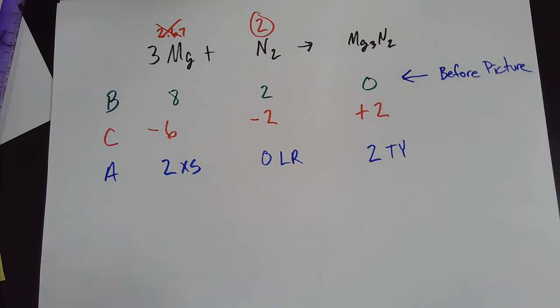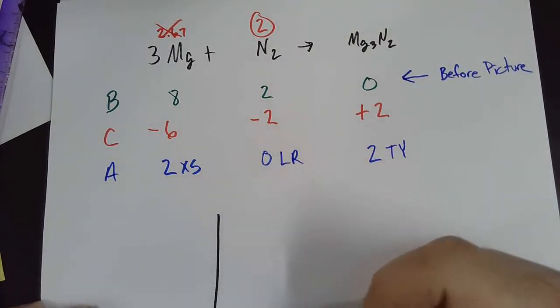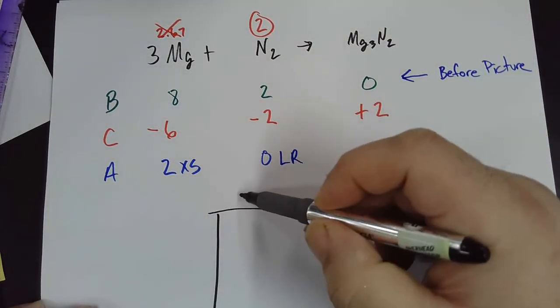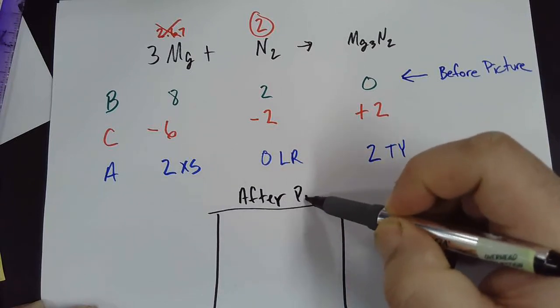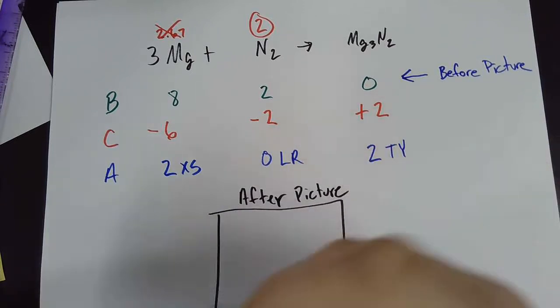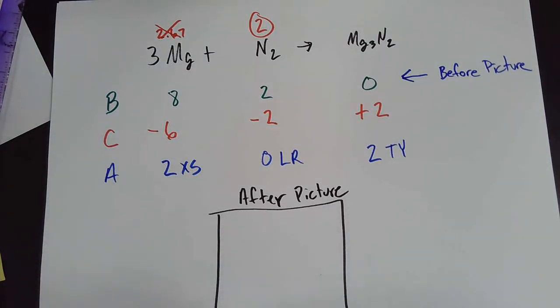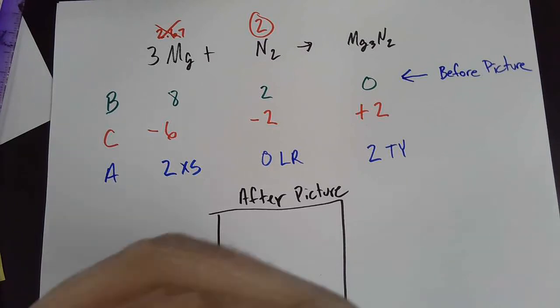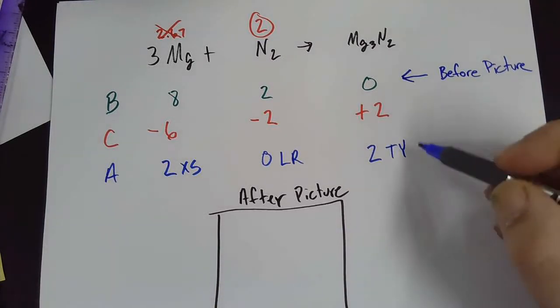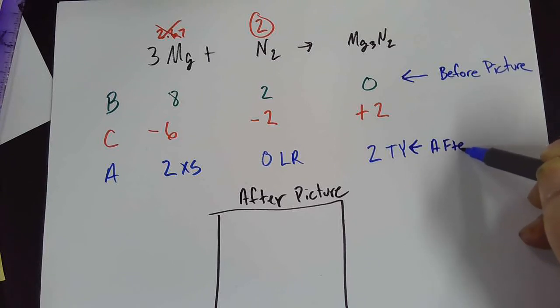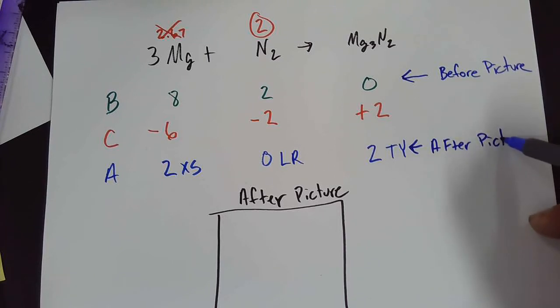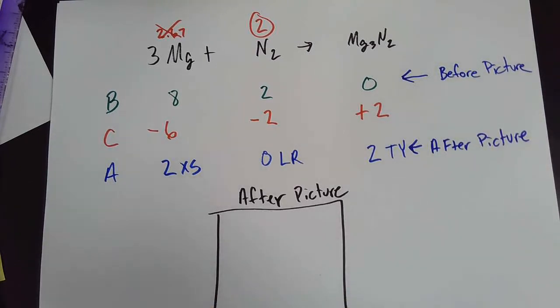Now we have to make our after picture. Where do you guys think we're going to get the information for the after picture? The after line. So this is the after picture.